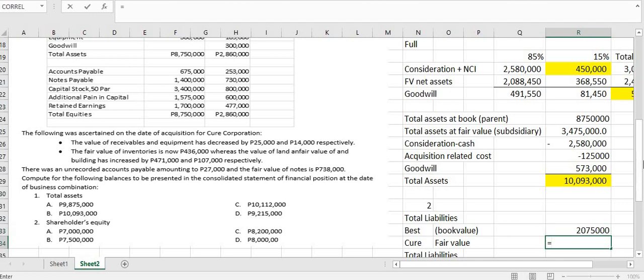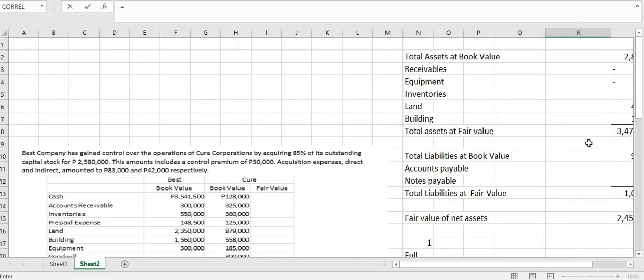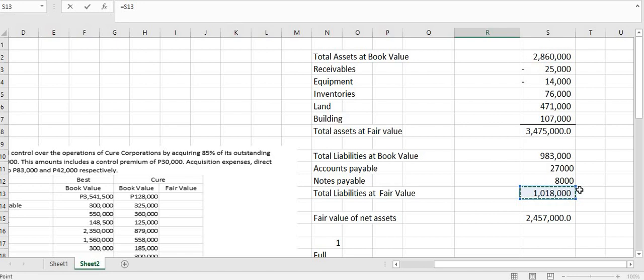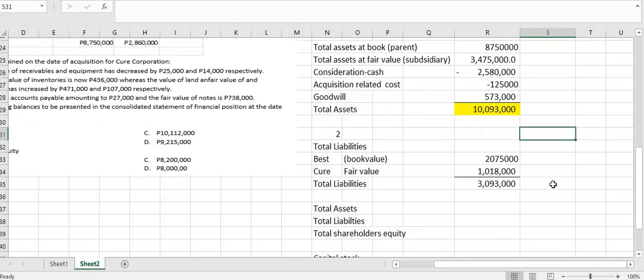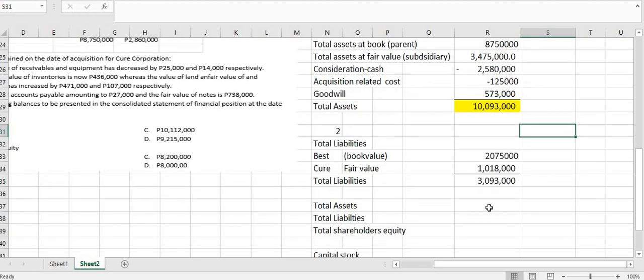We computed the fair value of Cure's liabilities earlier, which is 1,018,000. So its total liabilities is 2,075,000 plus 1,018,000. The total liabilities is 3,093,000.